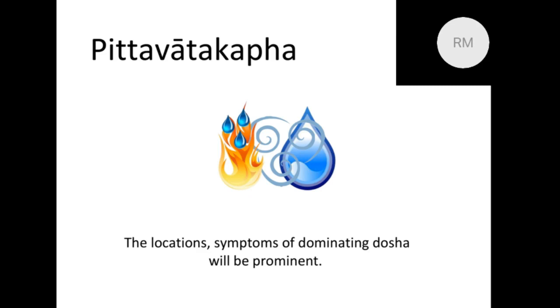It's when all the three doshas are above their normal range that we can decide that this is Tridosha.